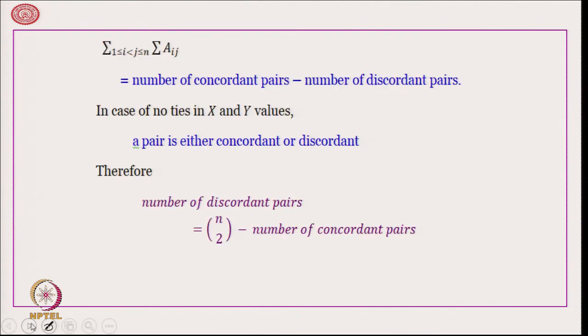Now, if we take the summation over A_ij, we get the number of concordant pairs minus the number of discordant pairs. If there are no ties, each pair will be either concordant or discordant, as I have mentioned. Therefore, the number of discordant pairs is going to be n choose 2 minus the number of concordant pairs.